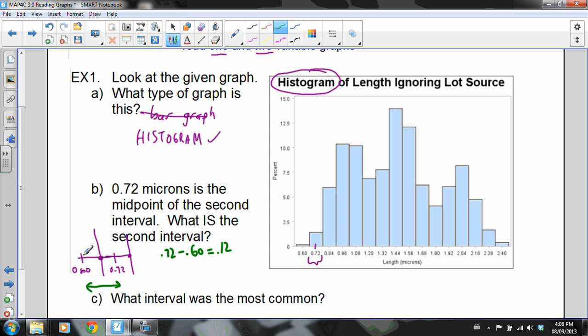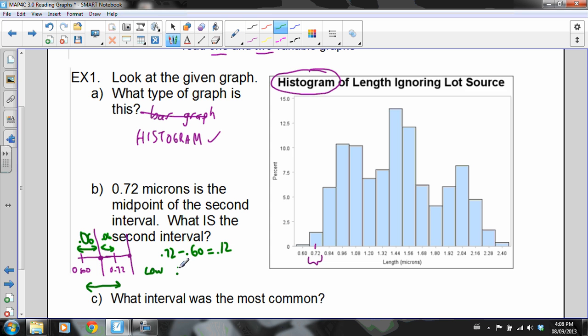If I divide that in half, right there, that's 0.06, isn't it? Half of that, 0.06. So that means this is 0.06. So if I wanted to get what that spot is and that spot is, I would start at 0.72, go 0.06 lower, 0.06 higher, and then I'd have my interval.